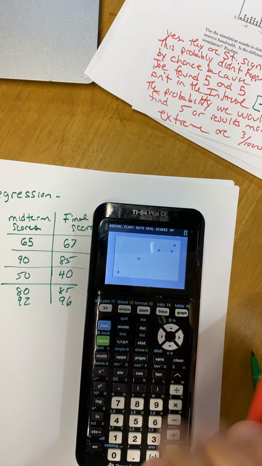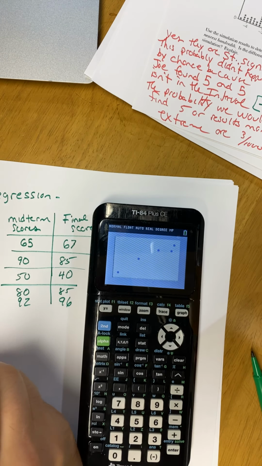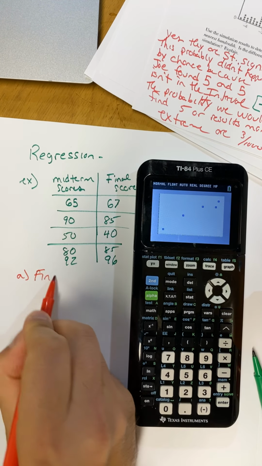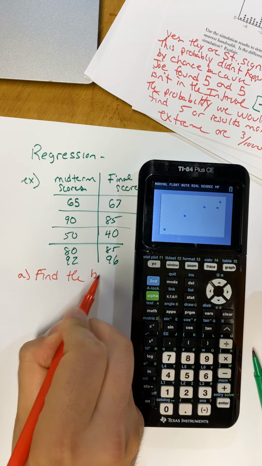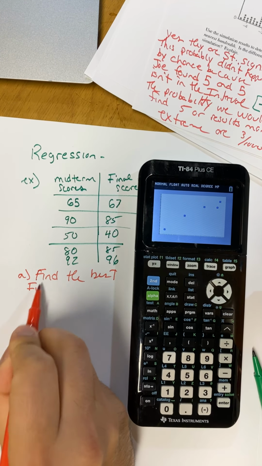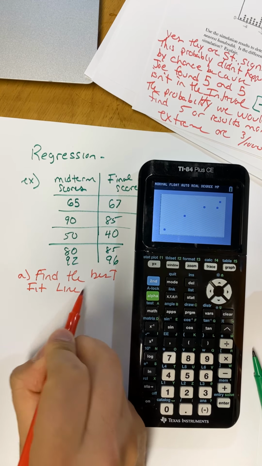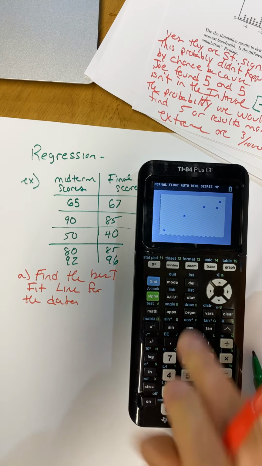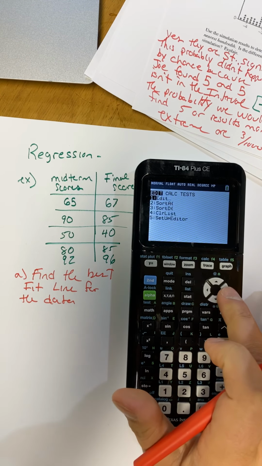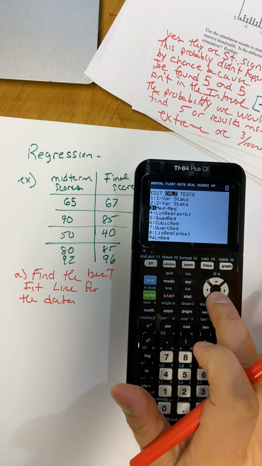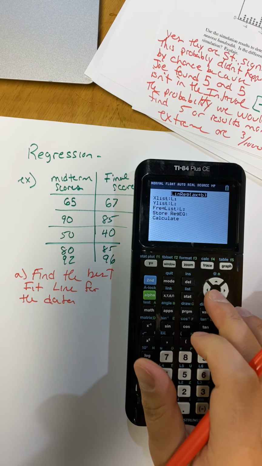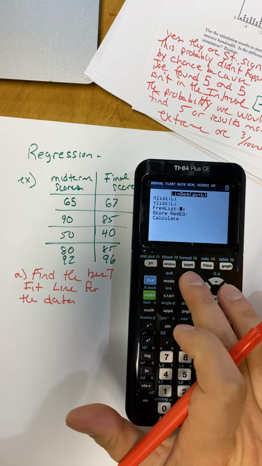So what you can do here, part A, find the best fit line for the data. So I'm going to hit Stat, Calc, Linear Regression, L1, L2. No, there's no frequency.